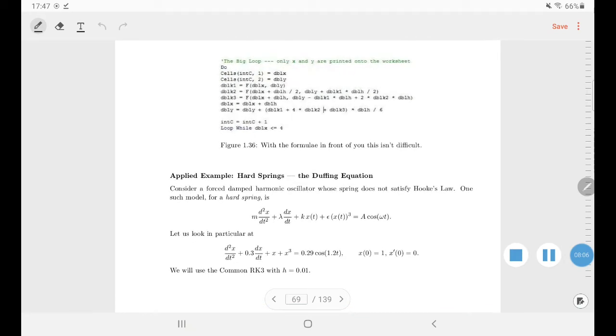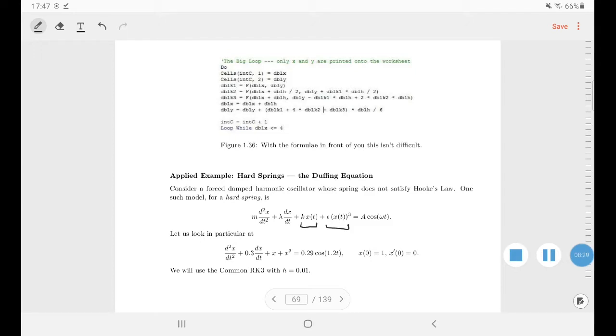So this is a damped harmonic oscillator where the spring does not satisfy Hooke's law. You've got the normal spring force, but this extra bit here, which I think is a hard spring. And then the epsilon can be negative for a soft spring.